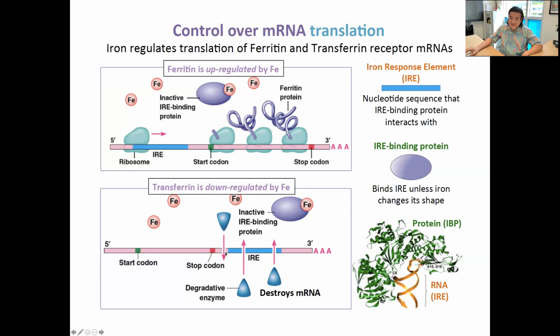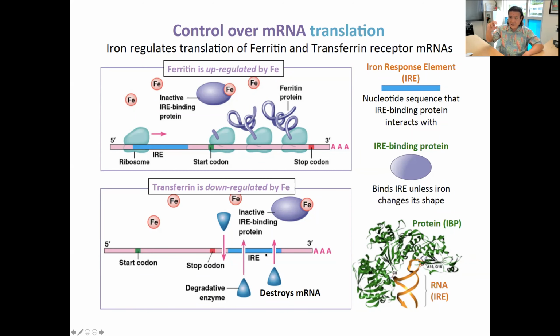The way that works is this mRNA also has an iron response element sequence in it. In this case, there is a particular IRE binding protein. Keep in mind, this example of an IRE binding protein would be a different protein than this one up here. They're just using these as generic examples of iron response element binding proteins. The IRE sequences themselves in these two cases would be different, because IRE doesn't mean it's a specific sequence.